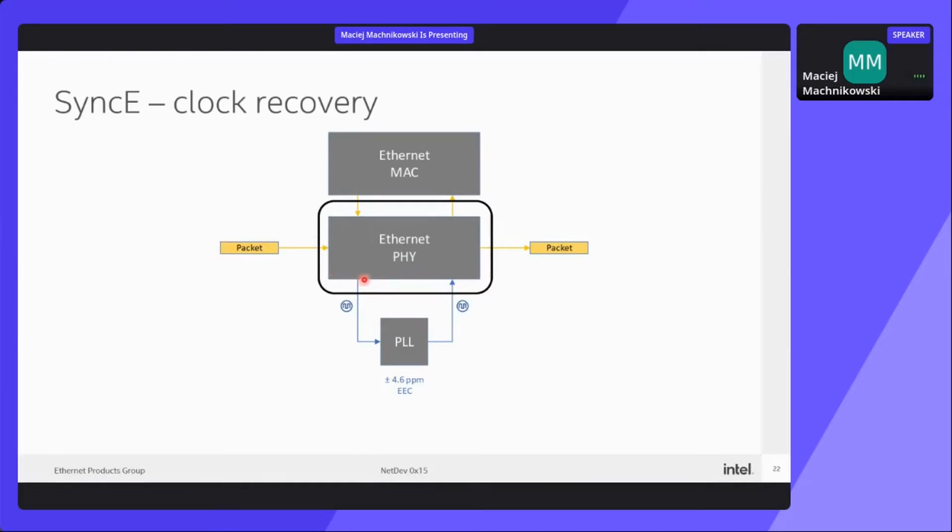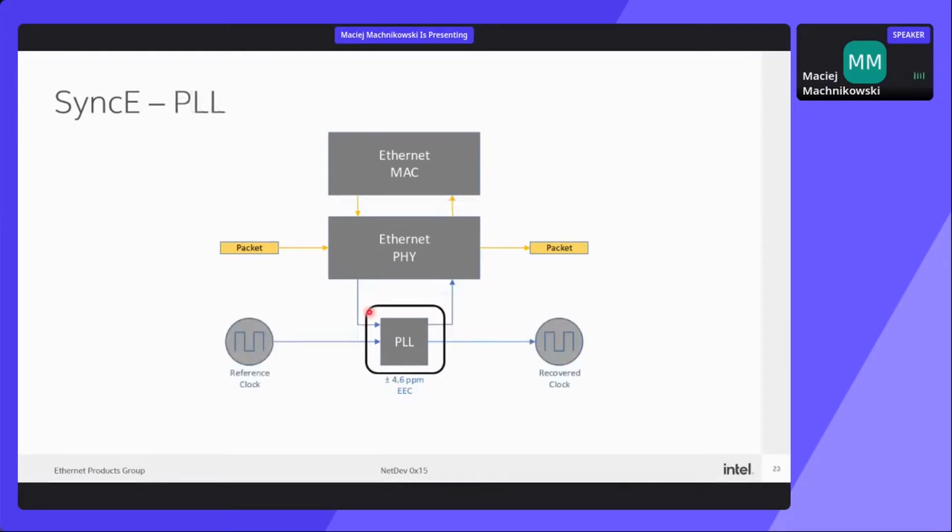This recovered clock is then output to a physical pin of the PHY or the whole package, and then it goes to the second part of the SyncE capable adapter, which is the PLL, the phase lock loop device, and this is basically a kind of clock generator that can slightly tune the frequency that it generates to actually match whatever it gets on the input.